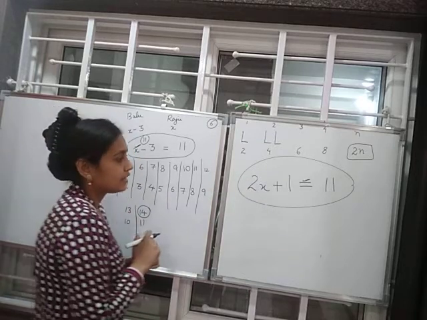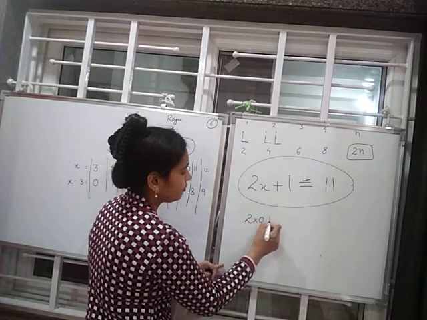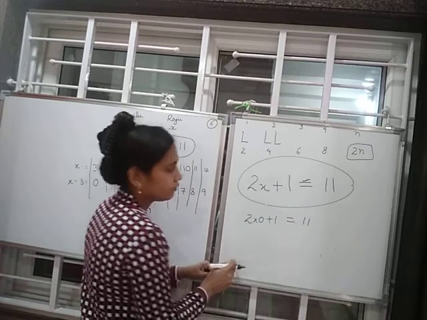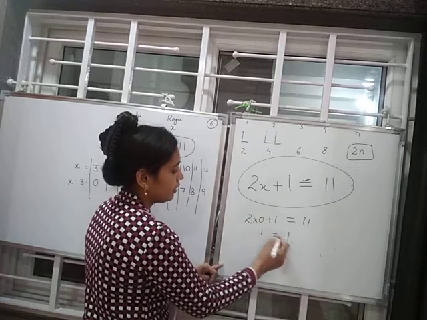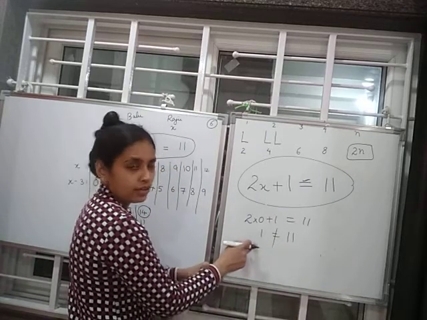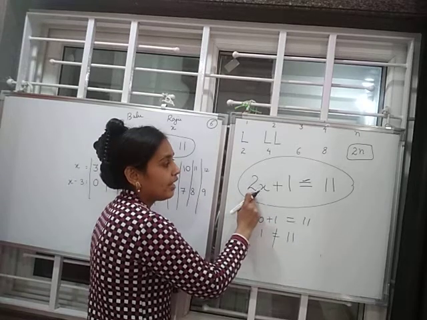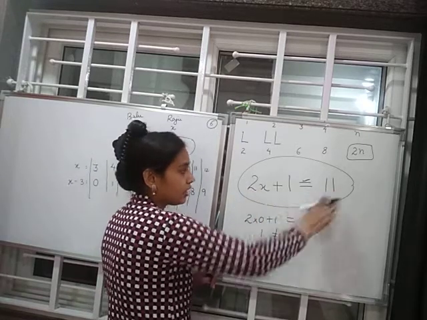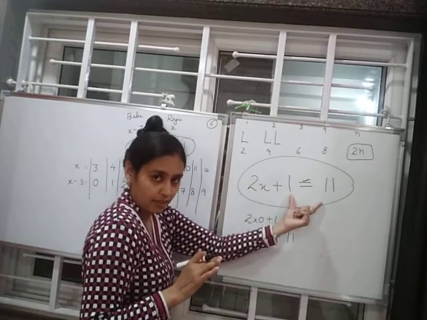For example, if I take x is equal to 0, then are they equal? No. This is 11. That means when x is equal to 0, LHS is not equal to RHS, and at that moment, this is not an equation.